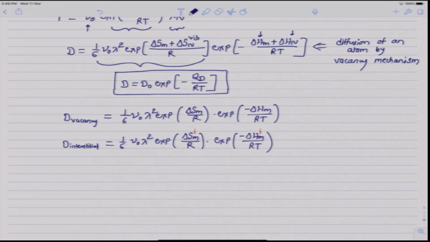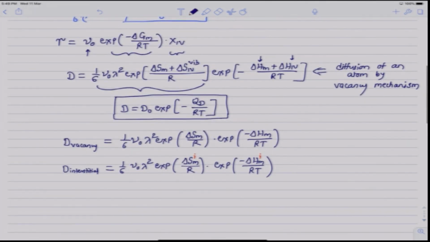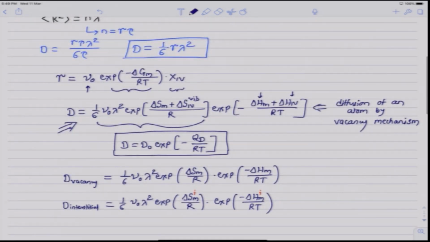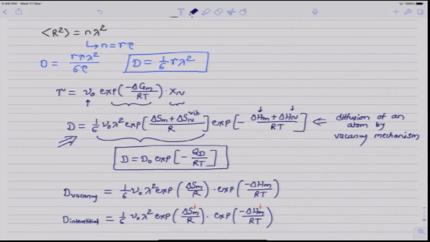Now, coming back to the expression for diffusion of an atom by vacancy mechanism, this expression needs a little bit of correction, because we assumed that the atom is making a random walk while deriving this expression, and it comes from the expression for average of r square, that is the mean square displacement, which was n lambda square.